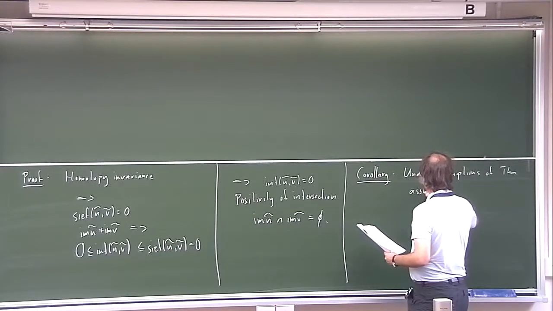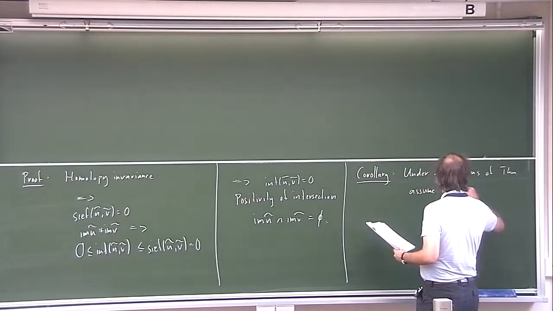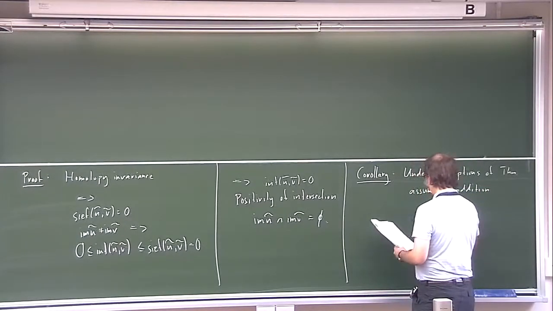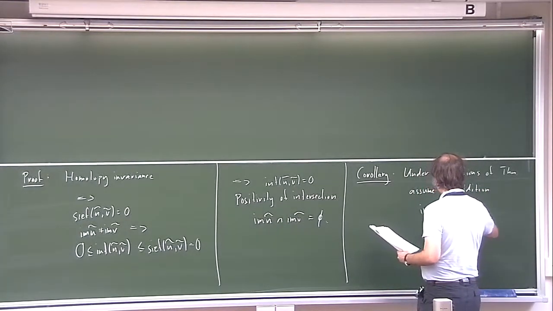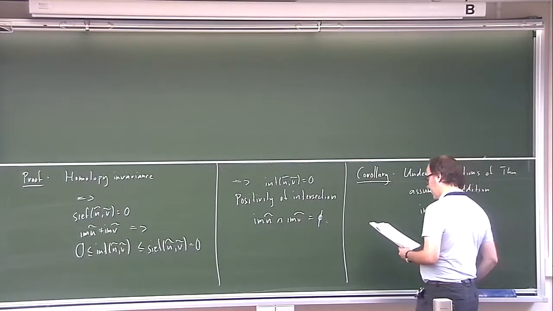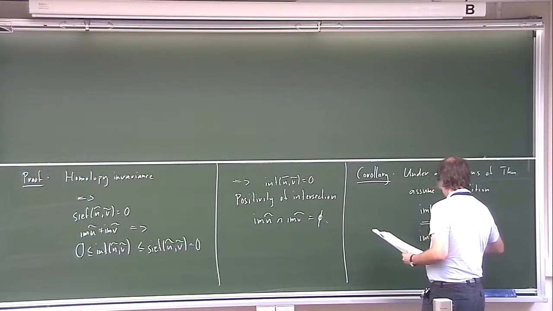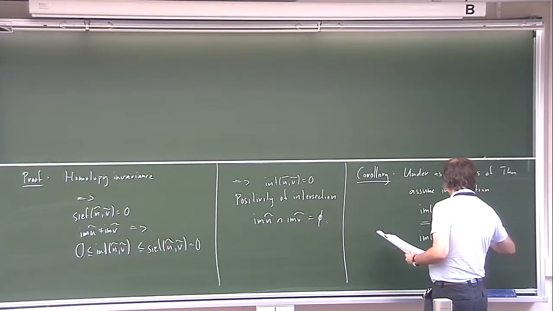Assume in addition that the image of u is different from the image of v. This implies that the image of u is disjoint from the image of v.